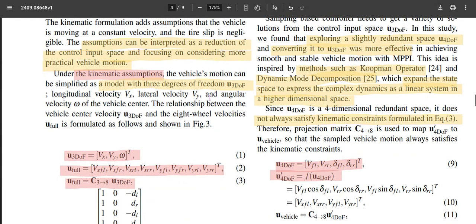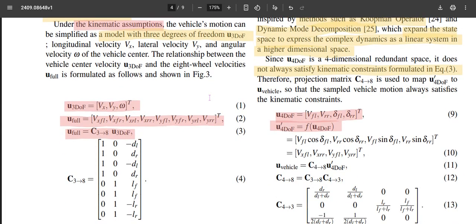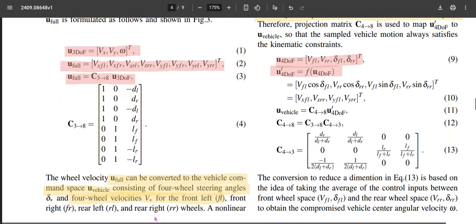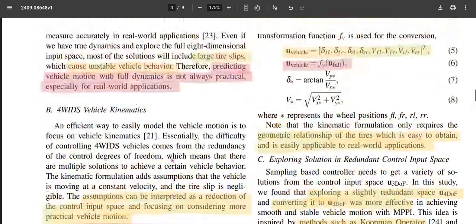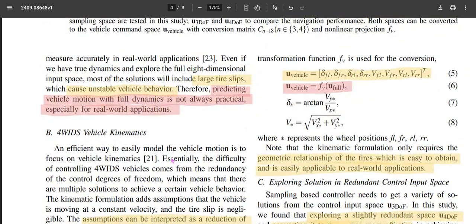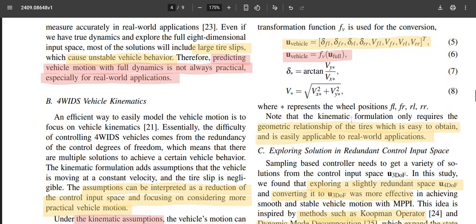There is a transformation from 3 degrees of freedom to the 8 degrees of freedom using a C-to-8 matrix. Once the 3 degrees of freedom are computed by the MPPI algorithm, this matrix is used to transform to the full degrees of freedom. The full degrees of freedom can then go through a nonlinear conversion into the vehicle controller, and that vehicle controller output is input to the actuator to observe the next state.